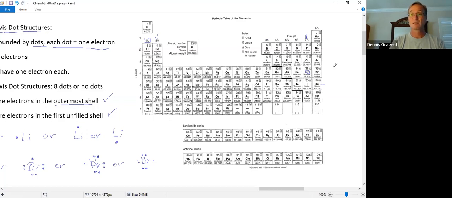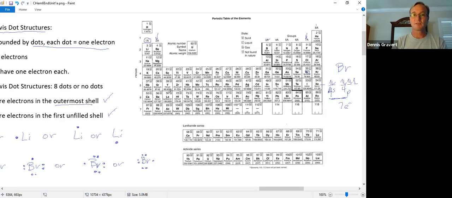So bromine, we're in the 4th row, 4s, and then we're starting to fill the 4p, and there's 3 p's, and we put in 1, then 2, and then 1, 2, 3, 4, 5. So the 4th shell has 7 electrons in it, and that's where the 7 dots come from.